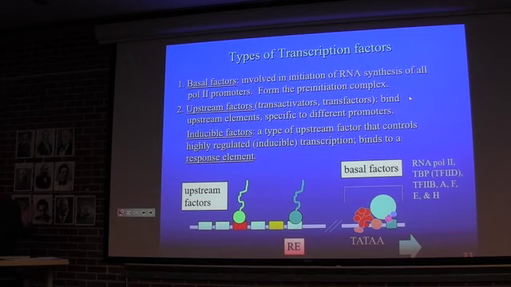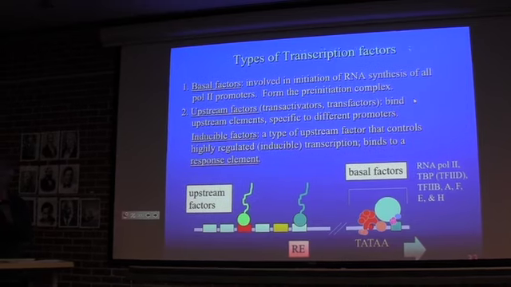Oh, these are the last of the definitions right here. Basal factors, we've talked about. Upstream factors, anything that's not a basal factor, right? Inducible factor: that doesn't mean it's a factor that mediates gene induction like you'd think.